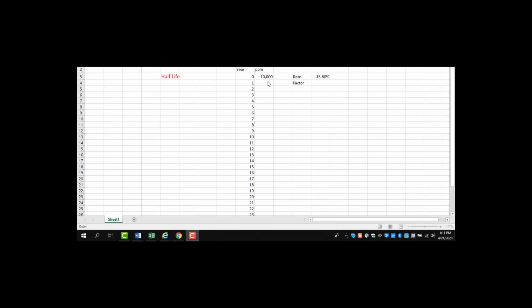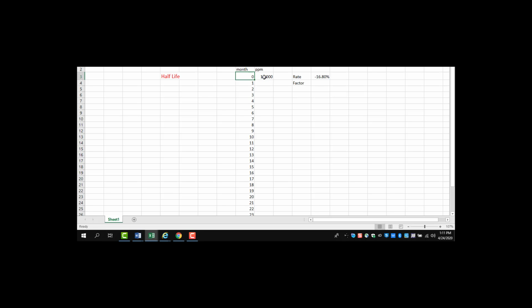So finally here we're going to look at half-life. Let's change this to month. So every month, the 10,000 parts per million in a solution of a pollutant is going to decrease by 16.8% due to runoff or whatever.